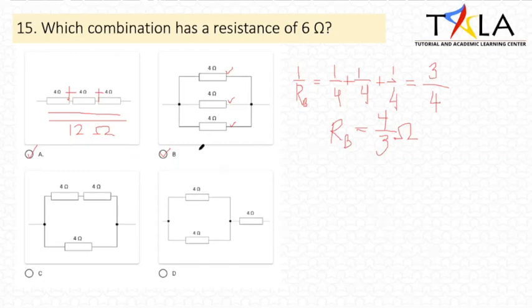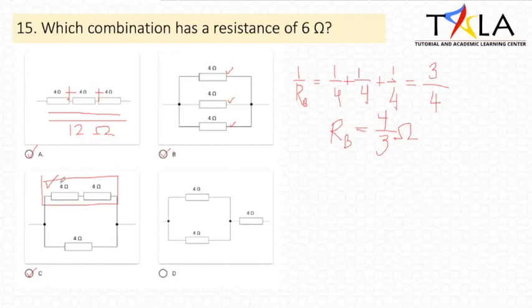Okay tayo sa letter C. Paano naman tong letter C? Sa letter C, meron na tayong combined series at saka parallel circuit. First, kunin muna natin tong series. Ano yung effective resistance nitong resistors na series circuit?